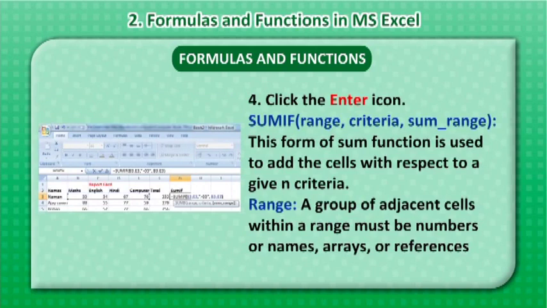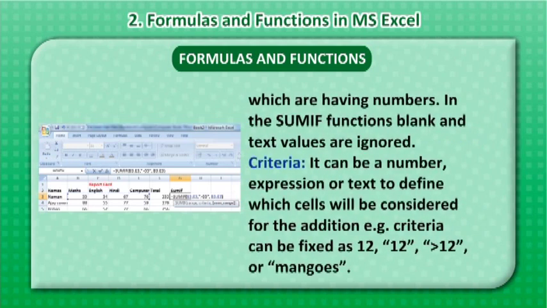SUMIF. Range, criteria, sum range. This form of sum function is used to add the cells with respect to a given criteria. Range: a group of adjacent cells; within a range must be numbers or names, arrays or references which are having numbers. In the SUMIF function, blank and text values are ignored.